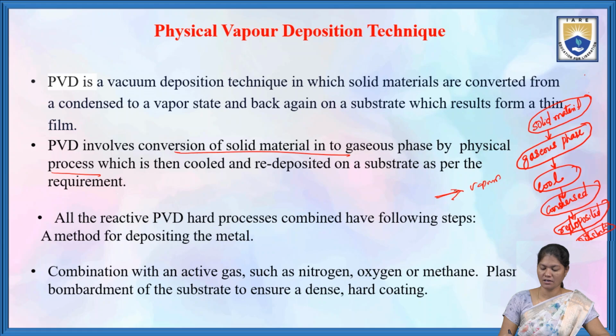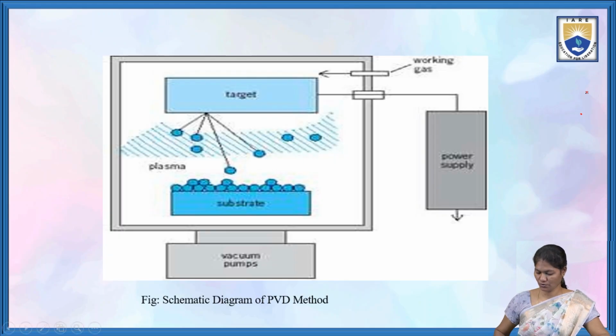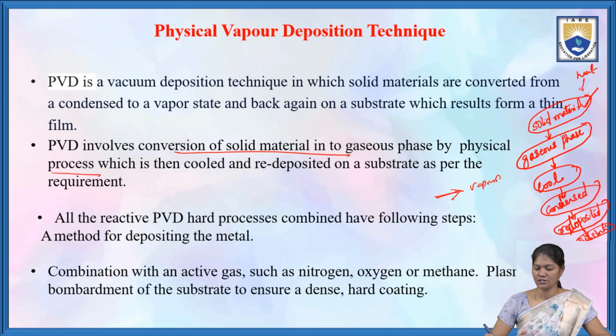So, that is the solid material. When heating this solid material, it is converting to gaseous phase. Now at this gaseous phase, let it be cooled so that it will be condensed.